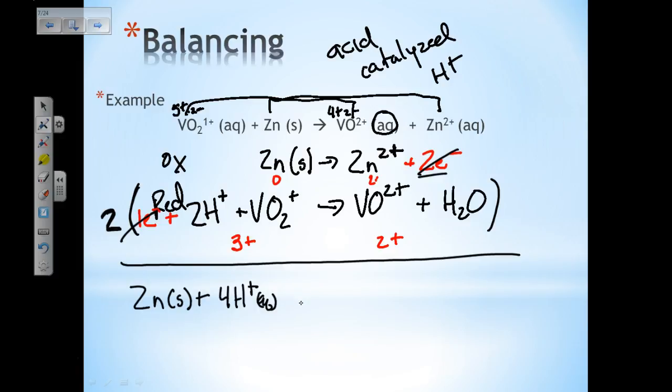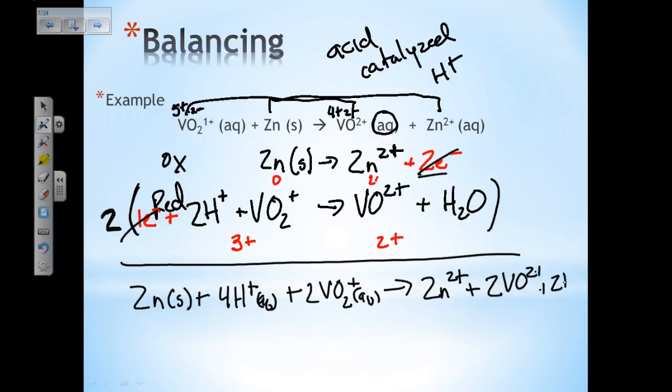Keep in mind that that's aqueous. Plus 2 VO2+, aqueous, reacts to form Zn2+ plus 2 VO2+ plus 2H2O.